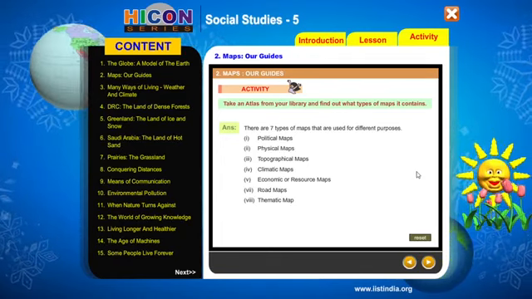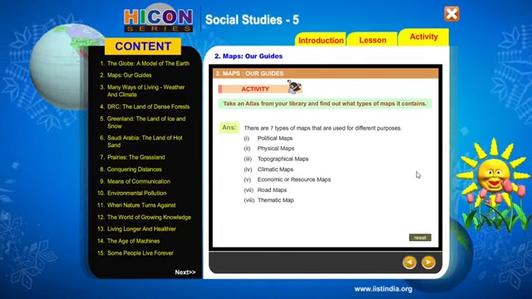So how the different boundaries, like international boundaries, state boundaries, district boundaries, and tehsil boundaries are drawn. Then how different kinds of roads and railways are shown on a map. How different water bodies are shown, and some other features like the capitals, the states, and the district headquarters are shown.